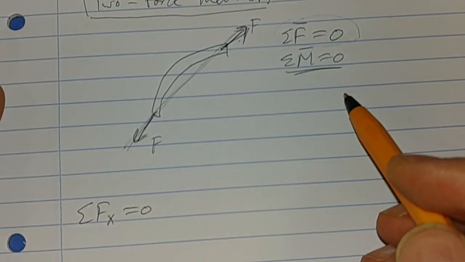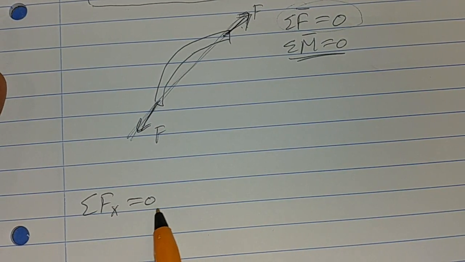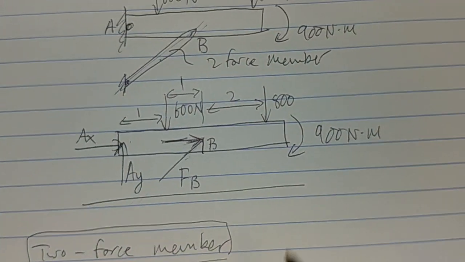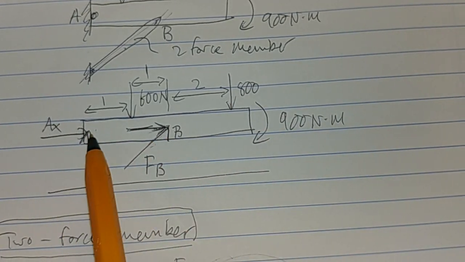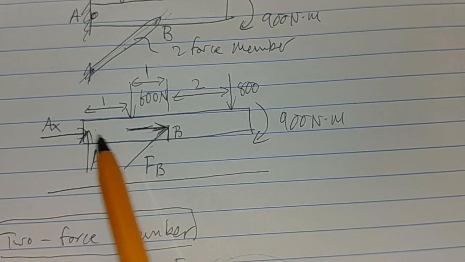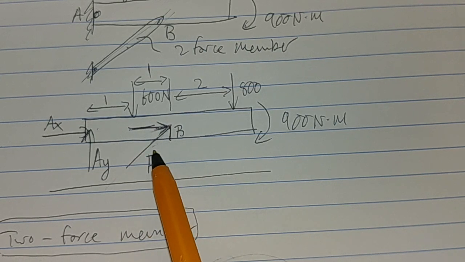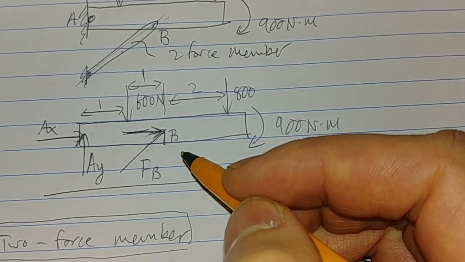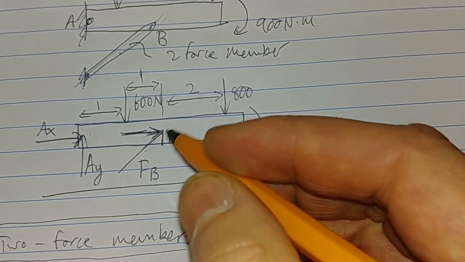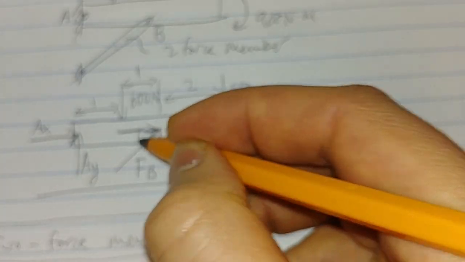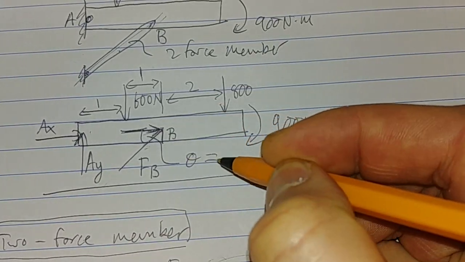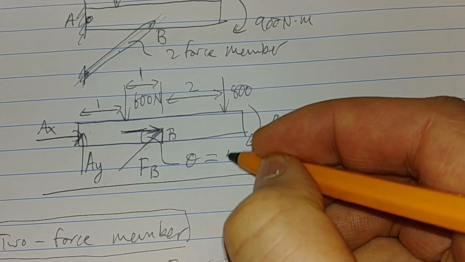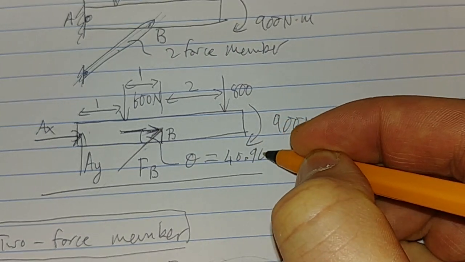So we're trying to get the sum of the forces in the X equal to 0. The only forces in the X direction are our reaction force, because it's a pin here, and the horizontal component of FB. Now, I don't have time to go through this because I don't want to make this video too long, but this angle I calculated to be 40.96 degrees.